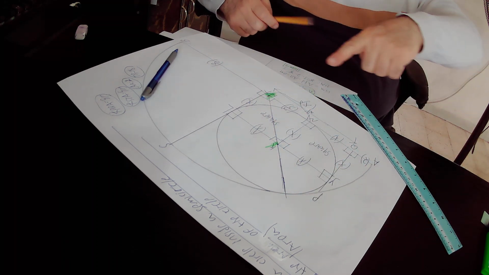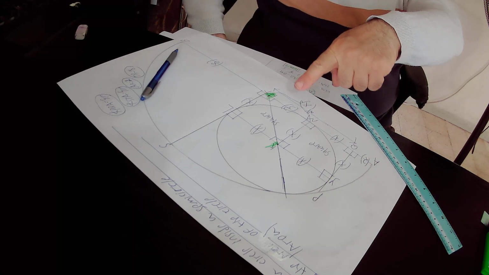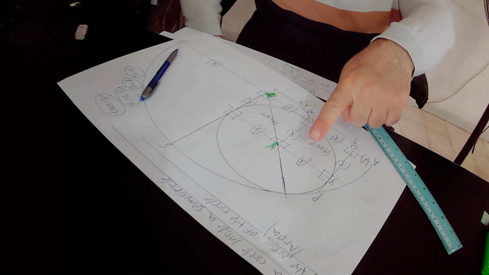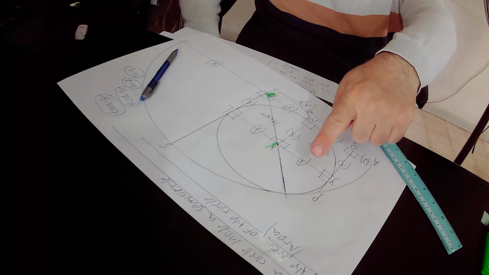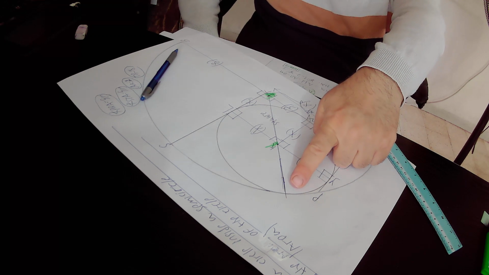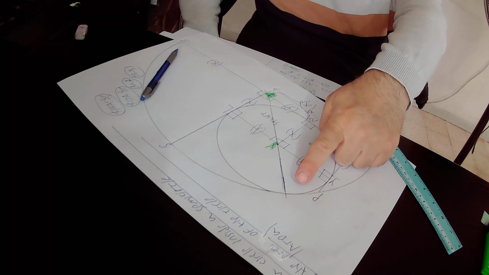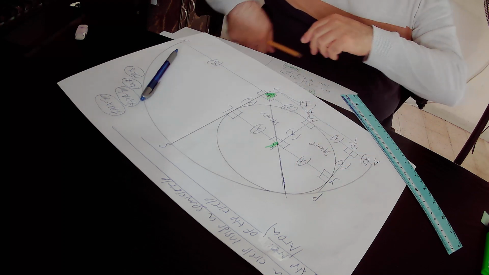You can see from the drawing that the straight line HK passes through their touching point. We will define their touching point, this point, as point D.